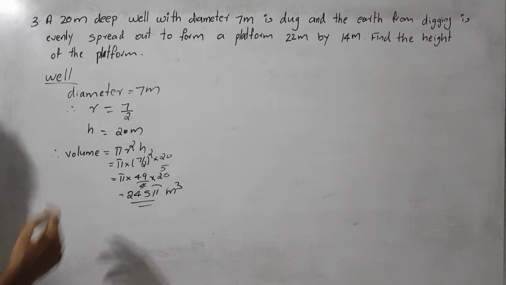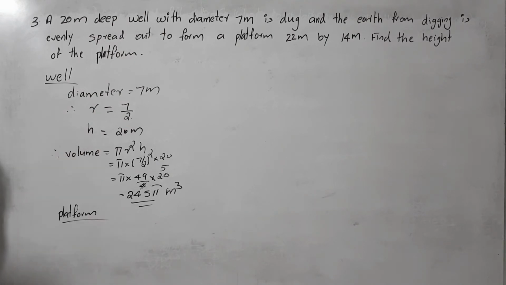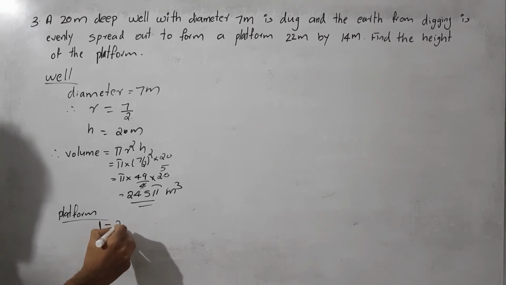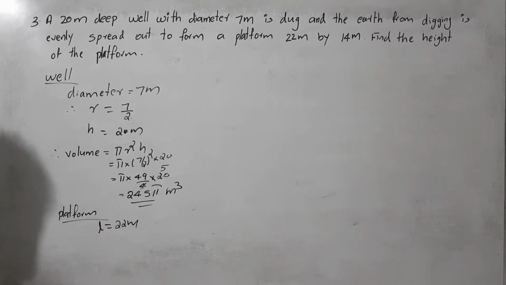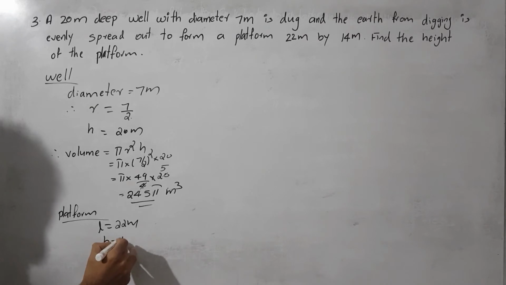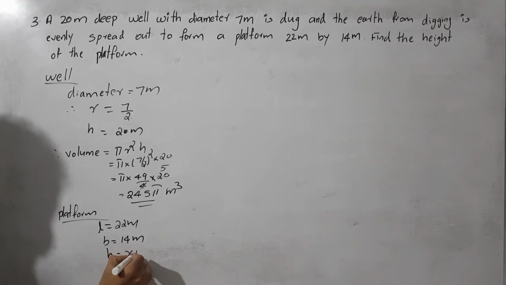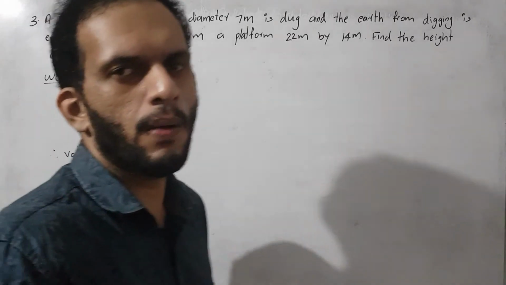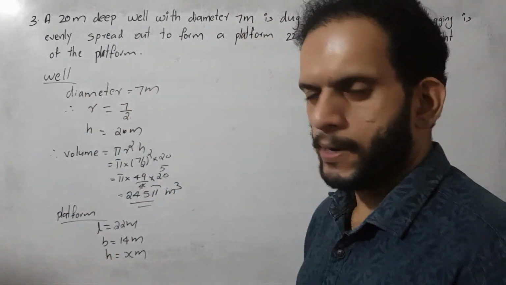Then in the case of the platform, what is given? L is given. What is L? L is equal to 22 meter. Breadth is equal to 14 meter. If we don't know the value of h, then we take h as x meter. Next we find the volume of the cuboid platform.